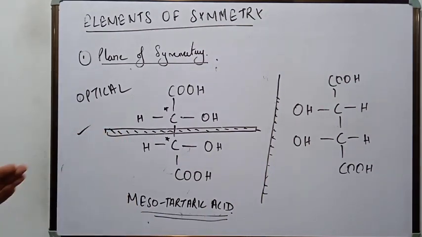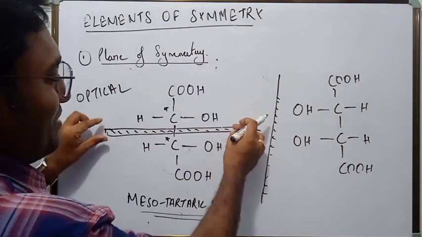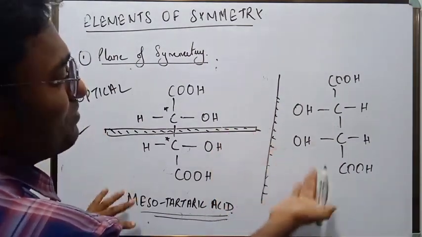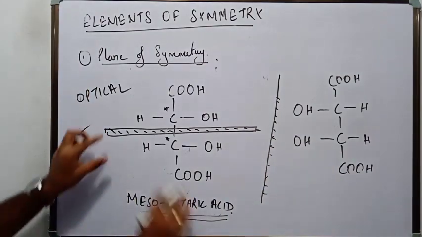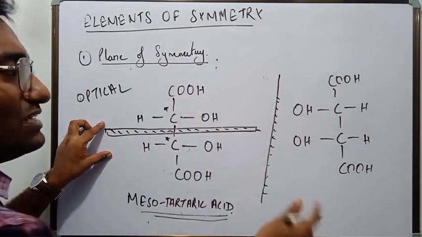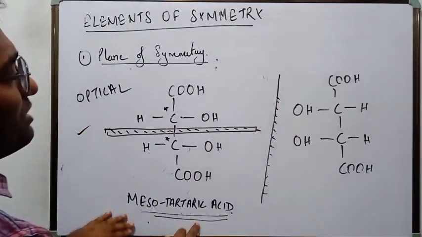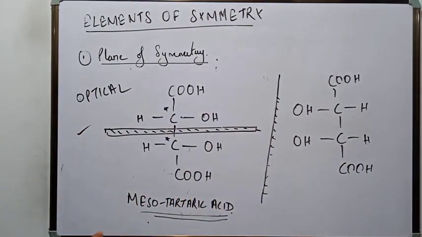The plane of symmetry is the first test to know whether it will form a superimposable mirror image or not. If there is a plane of symmetry, that means a superimposable mirror image is formed. That means there is no optical isomer for this compound, and that only means there will be no optical activity. So this is an example of mesotartaric acid.